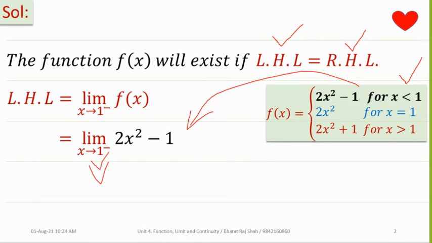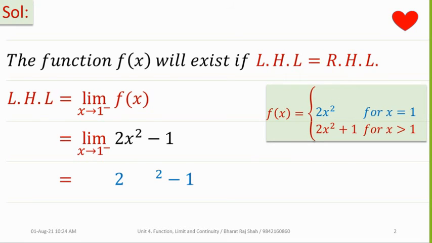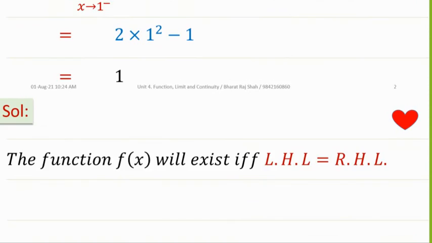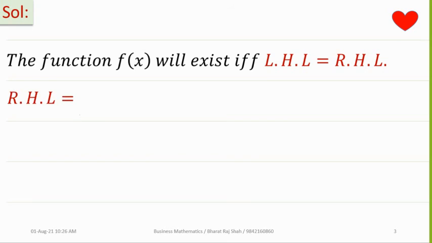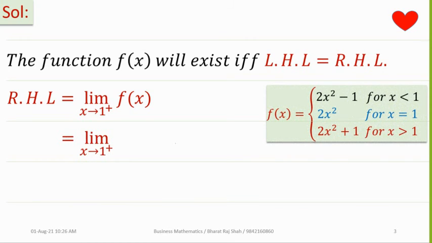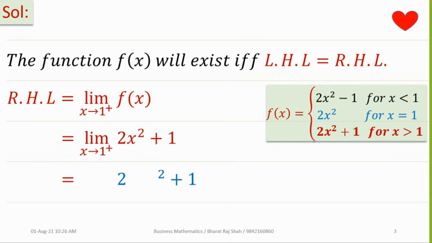Okay. So what shall we do next? Very simple, let's put the value of x. When you put x as 1, its value comes to 1. Again, we are going to find the right hand limit. Right hand limit means x tends to 1 plus. So here we have to take the last function, right?